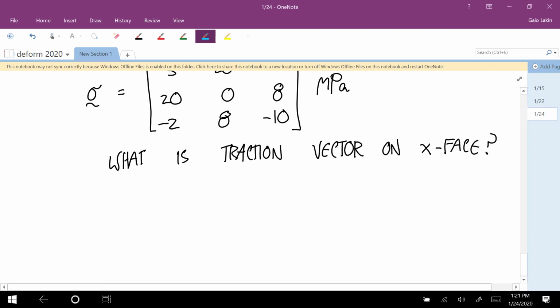Okay, well, here's our cube. And if you imagine the coordinate system origin being at the center, then an outward facing vector is in that direction.